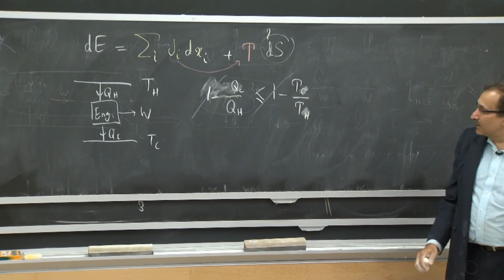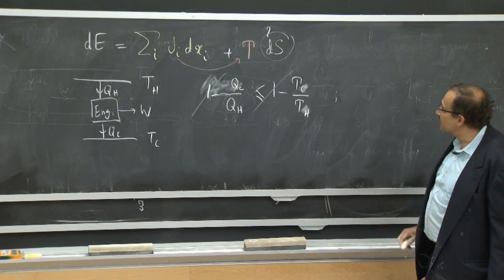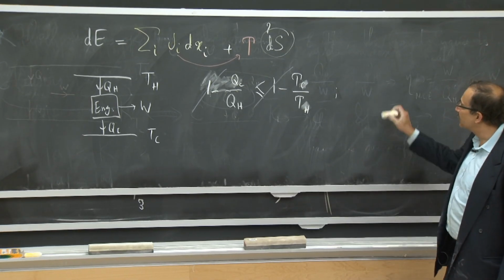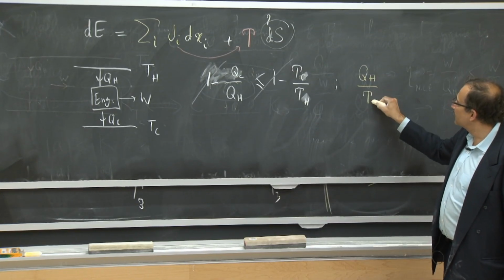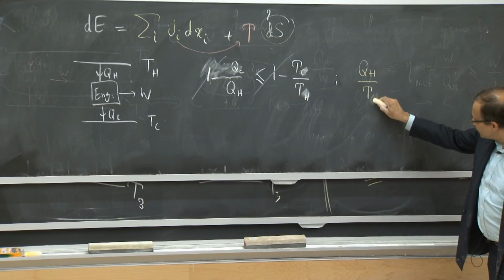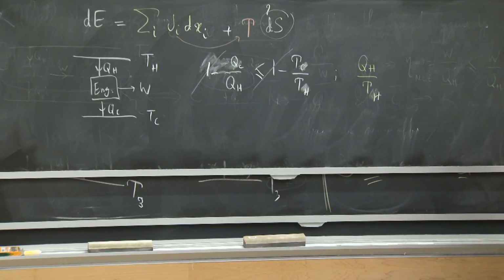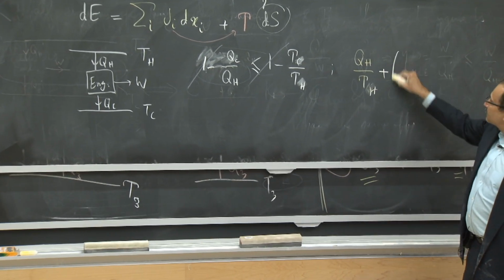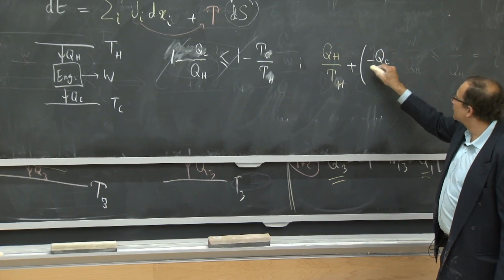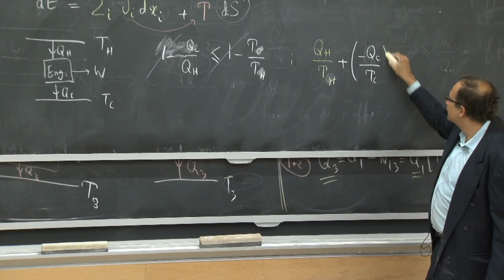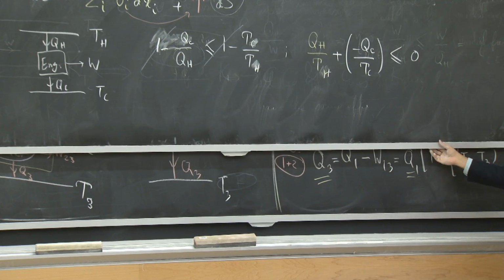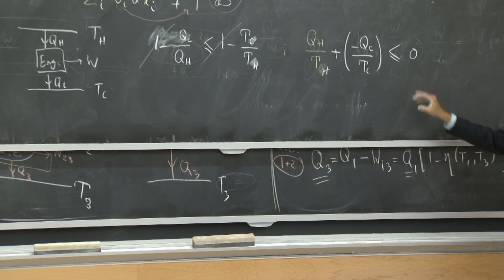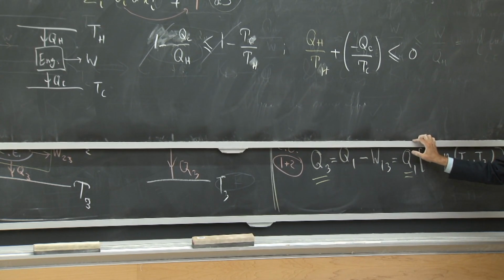Also, that means that if I were to rearrange this slightly, what I will get is that QH over TH minus QC over TC has to be negative. So this is just a rearrangement of the whole thing.